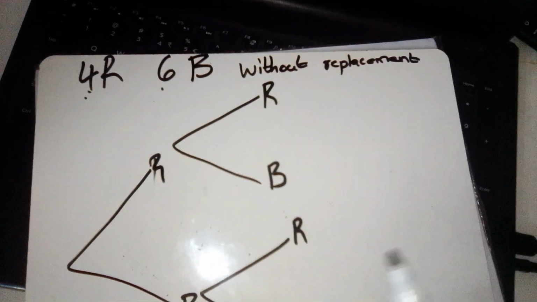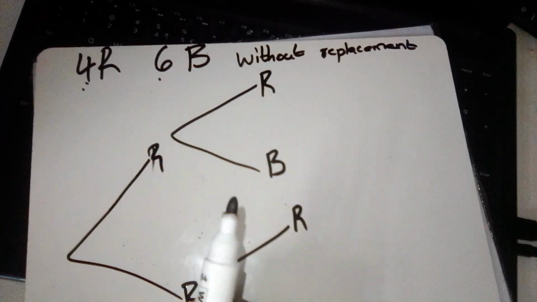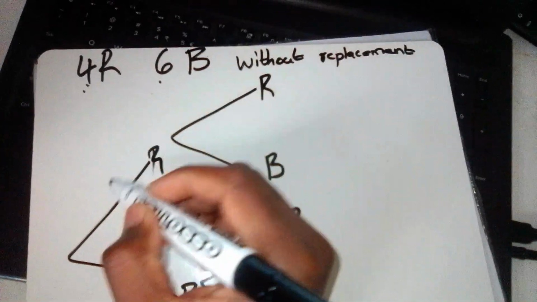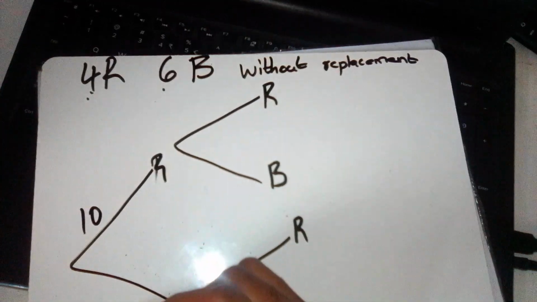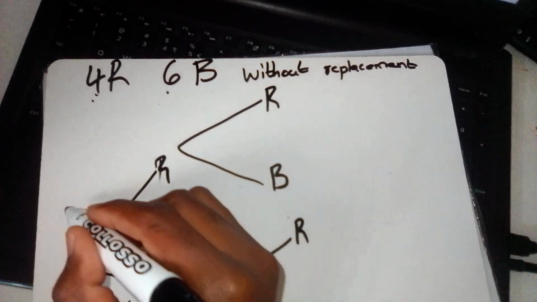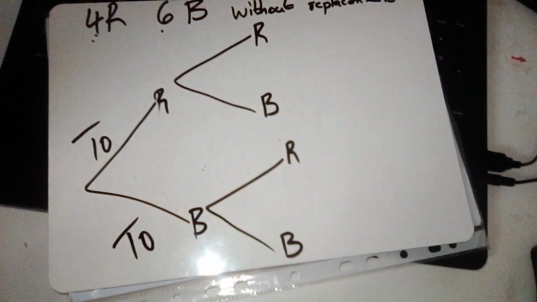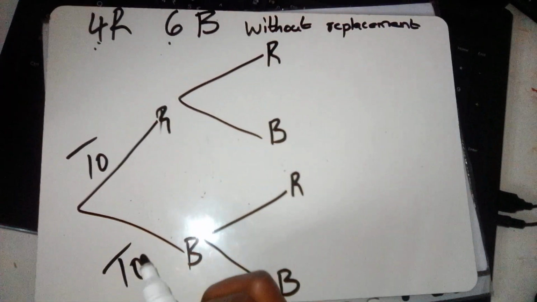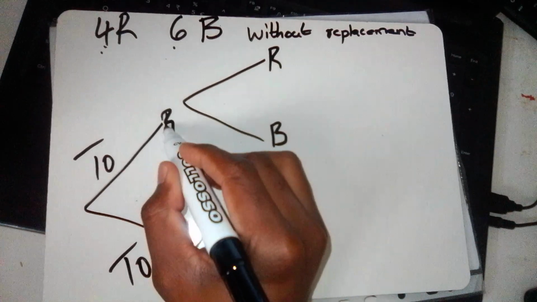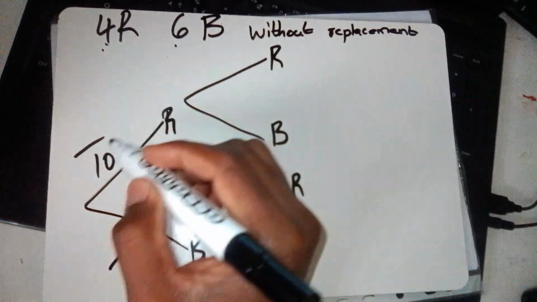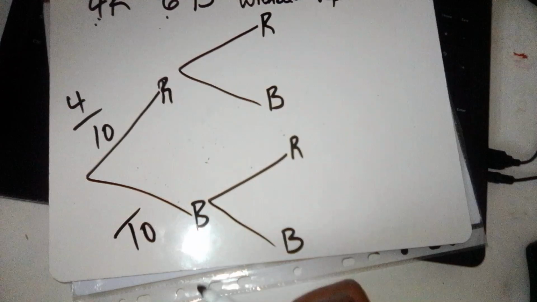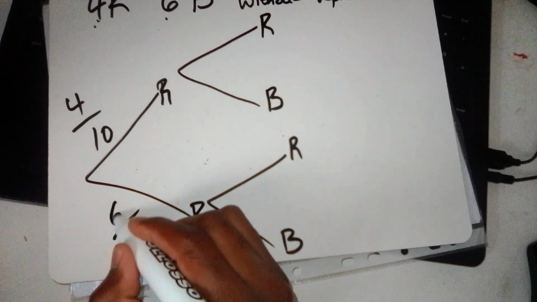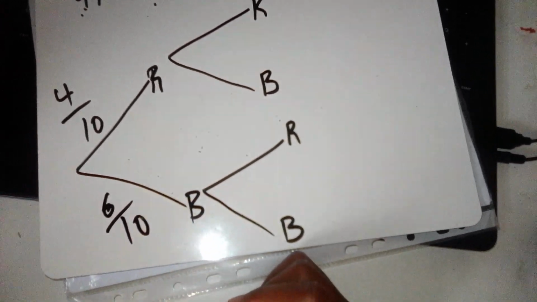This should be our denominator for the first event, so it's going to be 10. Now, how many red balls do we have? We have 4, so we write 4 here. And blue, we have 6, so we write 6 here.